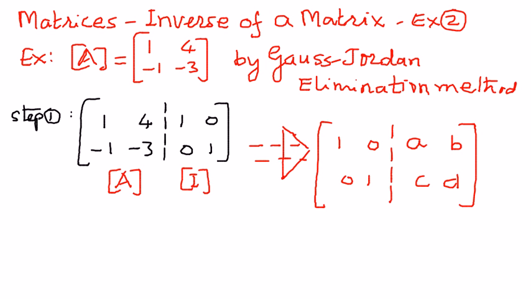On the left hand side, this will be the identity matrix, and this will be the inverse of the given matrix, and that is what we are looking for. That is the advantage of using Gauss-Jordan elimination method.